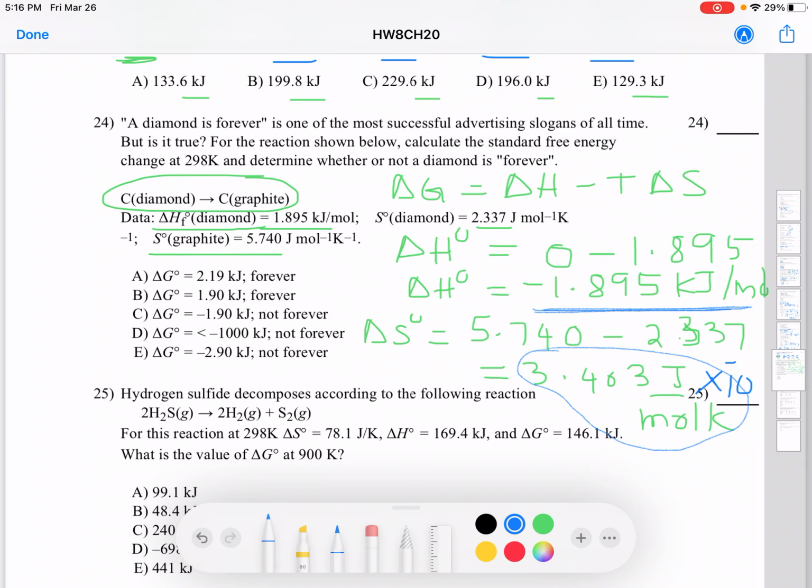Multiply by 10 to the negative 3 when you convert it to kilojoules. Okay, and then you put it into this equation. You put delta H as negative 1.895 and the temperature 298 Kelvin, and your delta S would be 3.403 into 10 to the negative 3, and you can find out your delta G, whether the diamond is forever or not.